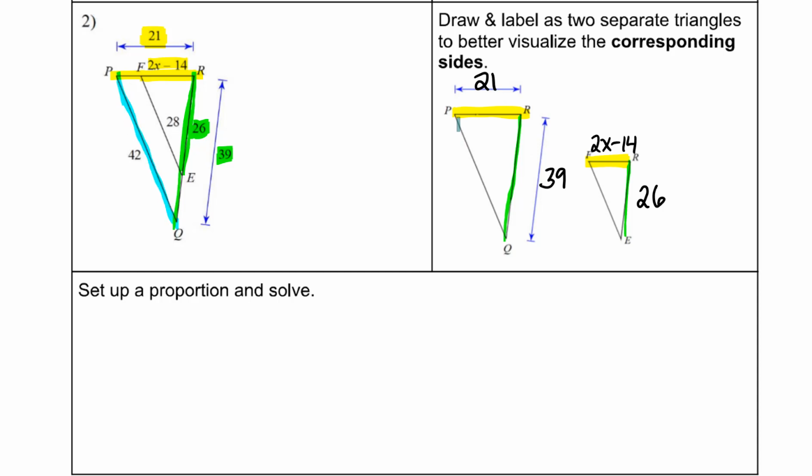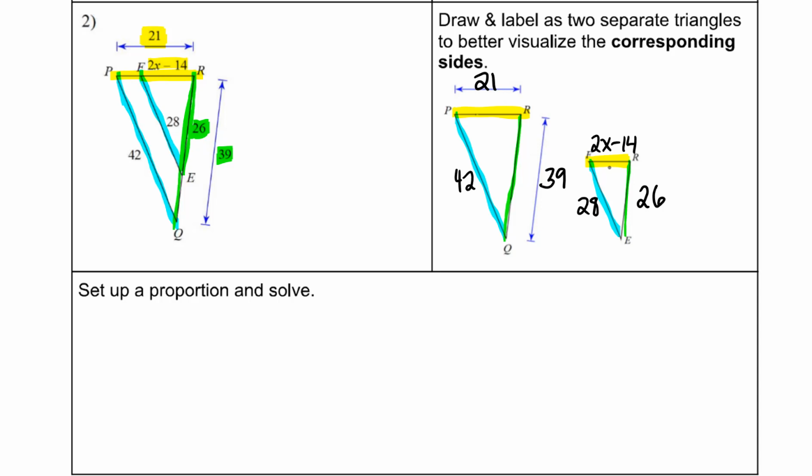So PQ on the larger triangle, which measures 42, is the corresponding side to FE on the smaller triangle, which measures 28. Now we have the corresponding sides. We have a visual to see which sides are corresponding, and we can set up a proportion.